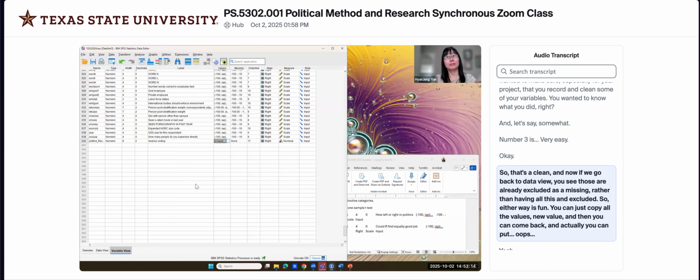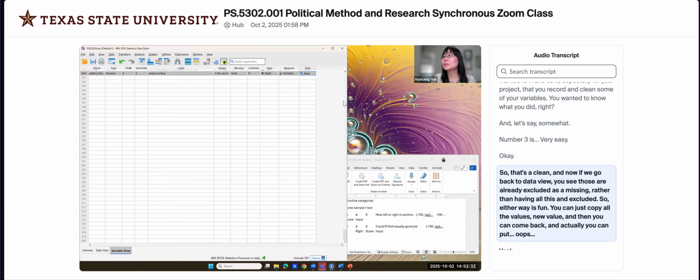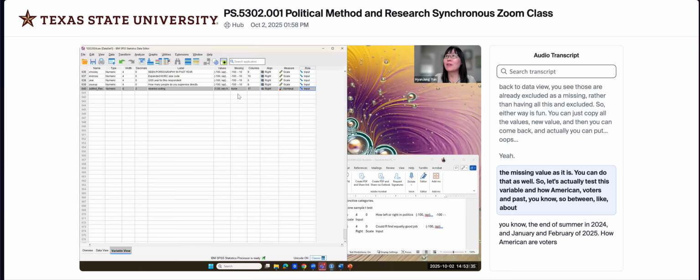Okay, so that's clean. Now if we go back to data view, you see those are already excluded as missing rather than having all this. So either way is fine. You can just copy all the values as new values, or you can also put the missing values as they are.